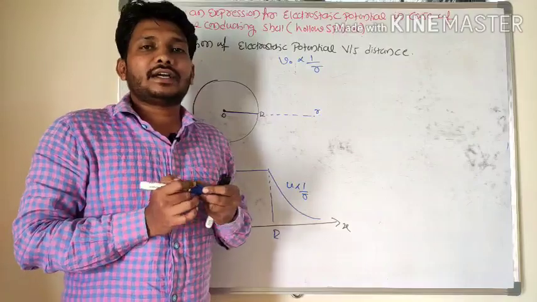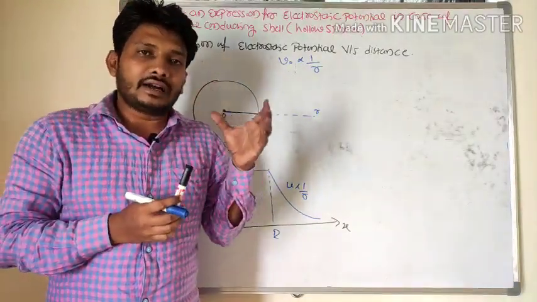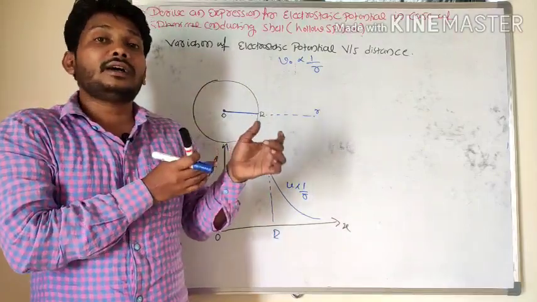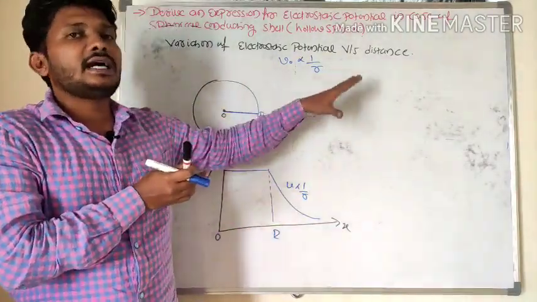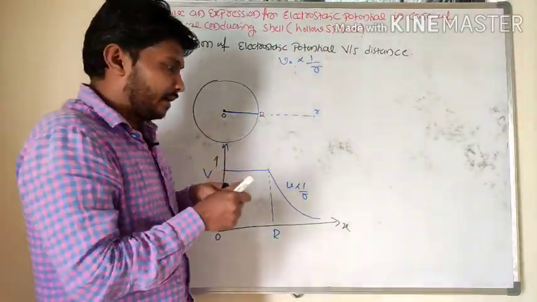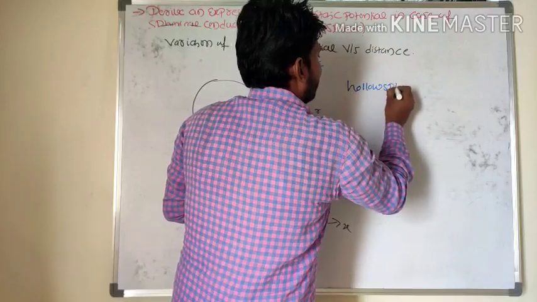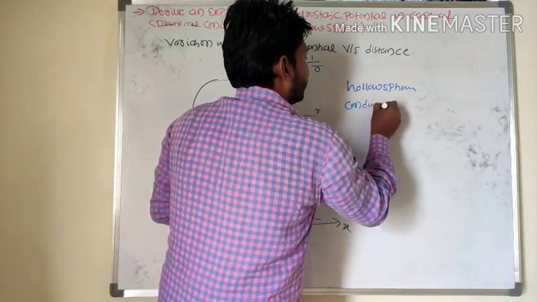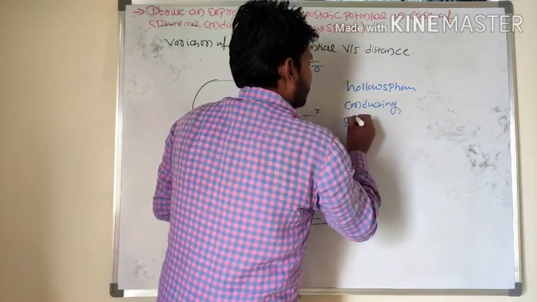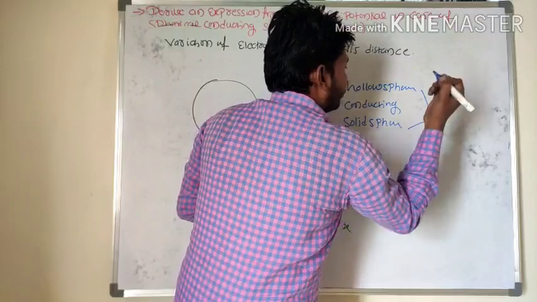So now I would like to consider one solid sphere, that is a non-conducting solid sphere. For the conducting solid sphere also I will get the same equations as in case of the hollow sphere. So remember one point here: the hollow sphere and the conducting solid sphere have the same value.